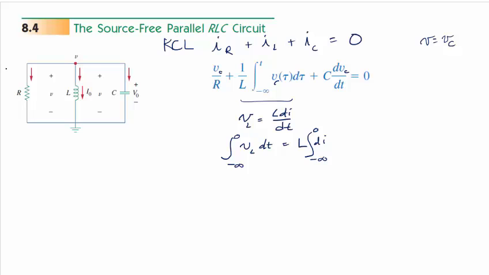Perhaps a switch was closed and a source was turned on, and we have some initial energy storage in these devices. And then at time t0, we remove the source and we let the circuit do its natural thing. And so that's why we want to find what the initial conditions are on either the capacitor or the inductor. So that's why we go from time negative infinity to time 0.